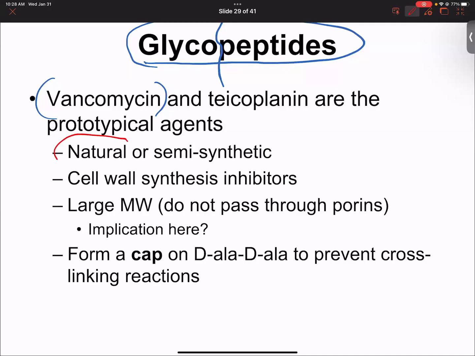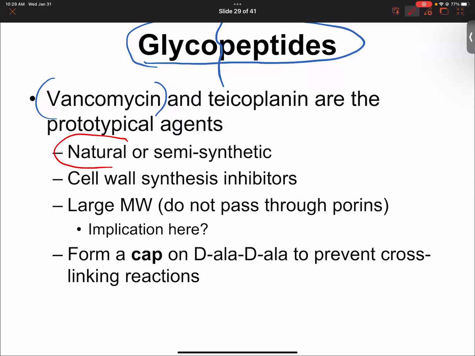Now, we could arrive at vancomycin naturally. We could do some semi-synthesis with vancomycin to arrive at its structure, but by and large, it was a fermentation-derived product. In fact, if you go back 40 years ago, a lot of people attributed the renal toxicity associated with vancomycin to impure drug. I think it was called Mississippi mud.